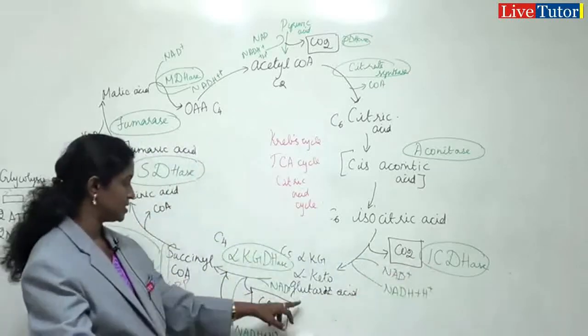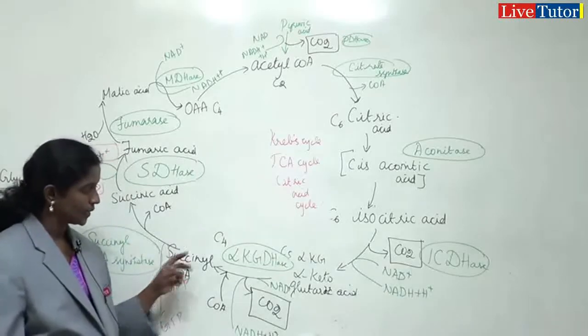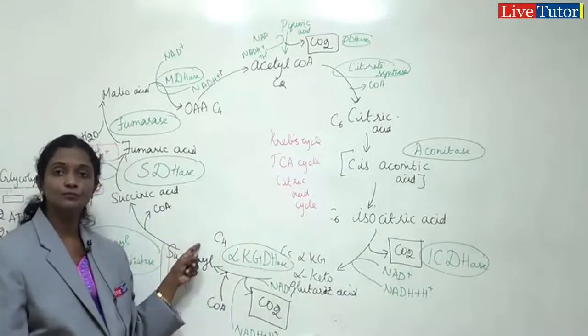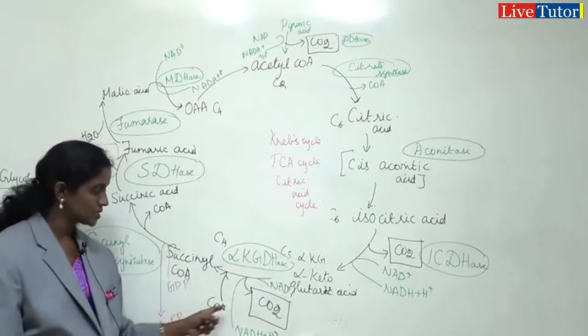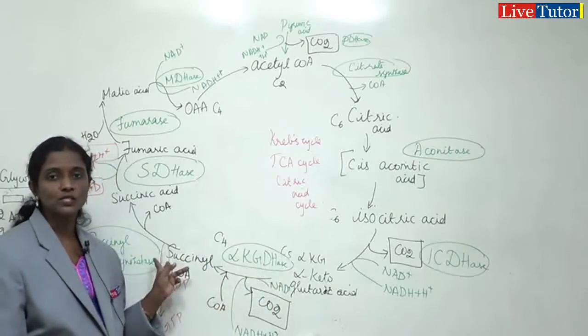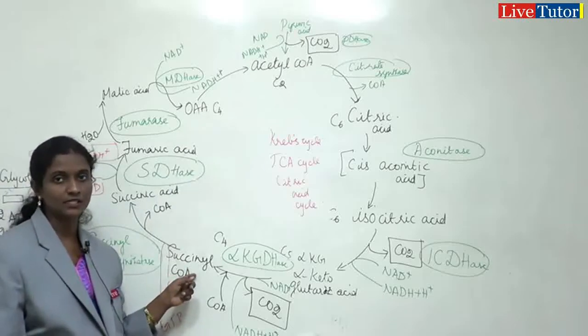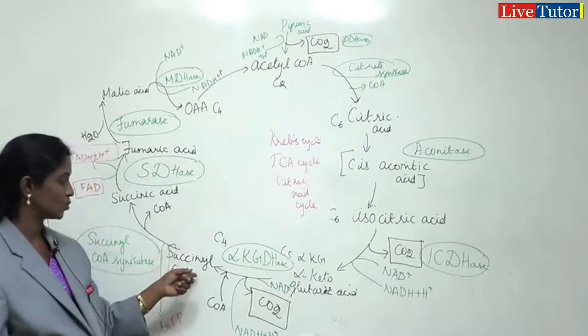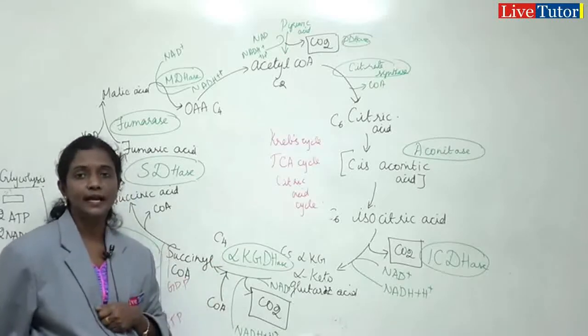Then we get alpha KG, and from alpha KG, succinyl-CoA. So when we say succinyl-CoA, C5 is going to become C4, and when C5 becomes C4, 1 carbon dioxide is again lost. So back to C4. We started with C4, ended with C4. Again the enzyme is going to be alpha KG dehydrogenase.